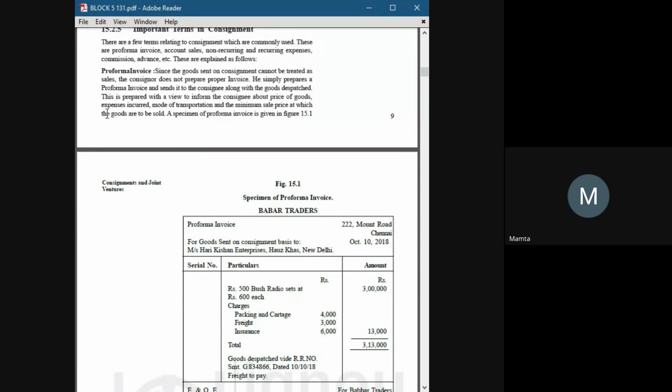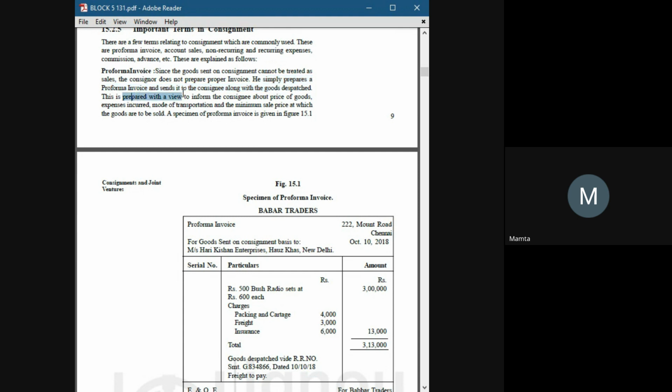Proforma invoice. Since the goods sent on consignment cannot be treated as sales, the consigner doesn't prepare a proper invoice. He simply prepares a proforma invoice and sends it to the consignee along with the goods dispatched.